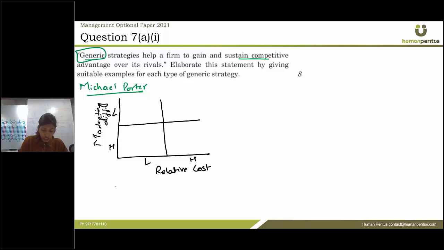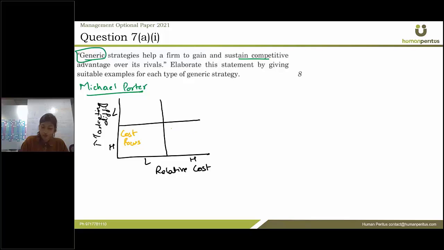So if you see in this strategy, if the relative cost of producing the product is low and marketing differentiation is high, it is known as cost focus strategy.